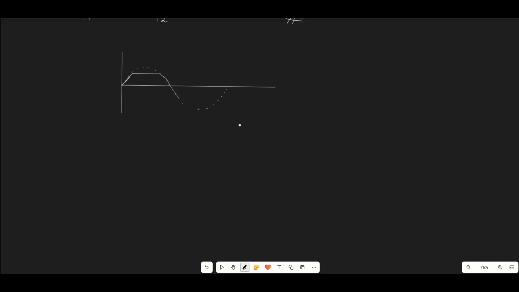Or let us repeat it from this point. Instead of going down, let's repeat the signal. So we will go here, again it will be constant, and then again it will come down. So this is 0, this is pi, this is 2 pi. You have to determine what is the value of Vrms here.